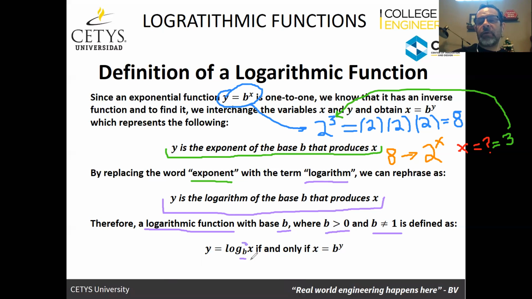And that would be y. Okay, so again, in this example, 2 to the 3 is 8. So I elevate 2 to the 3, I get 8. What number would I need to elevate 2 to get 8? That would be 3, and that's the logarithmic function, or the logarithmic mathematical function.